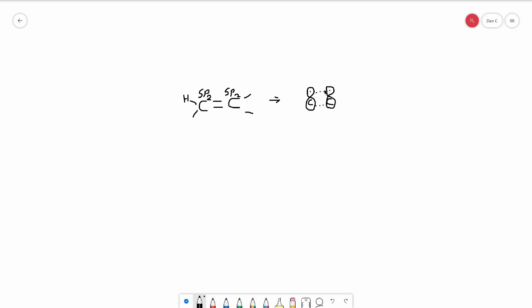And it's much more stable than simply having a radical sitting on each of these carbons. What this means is the electron density is being shared. The electrons are being pulled at some point in between these 2 carbons, right?